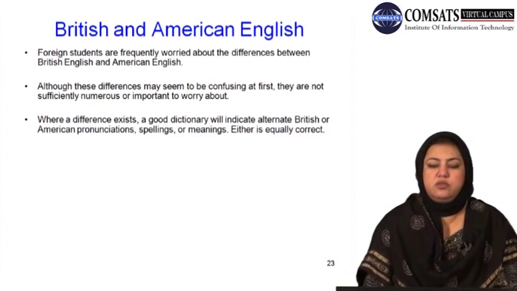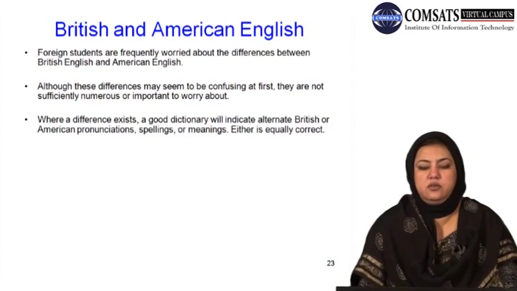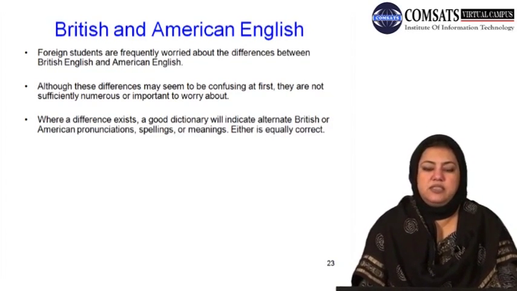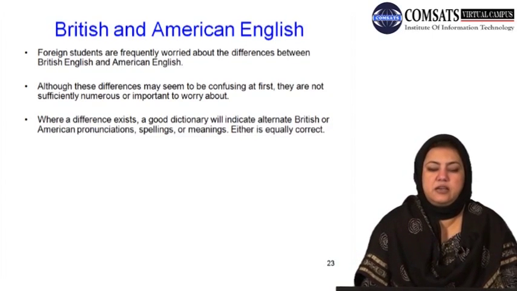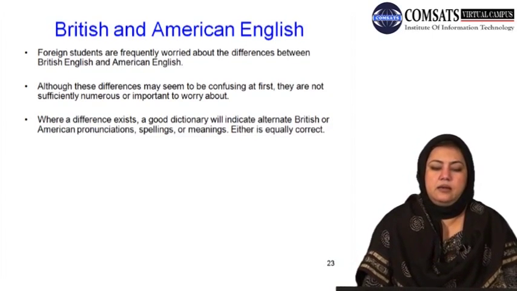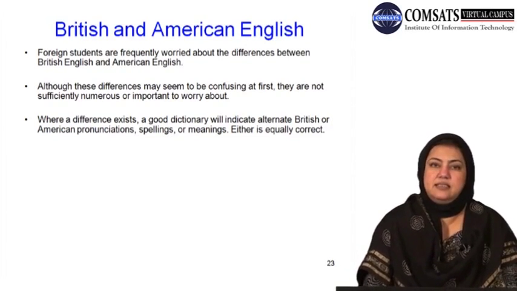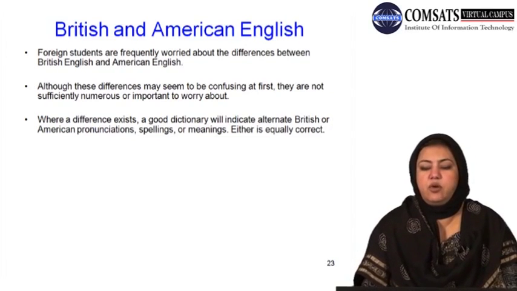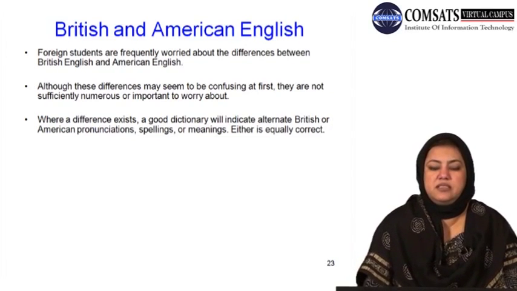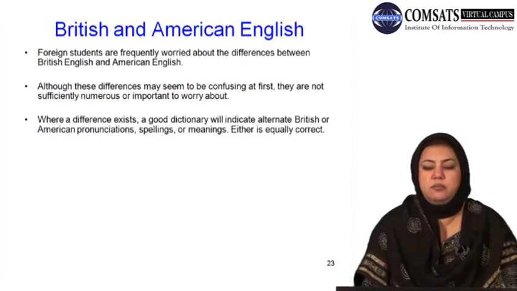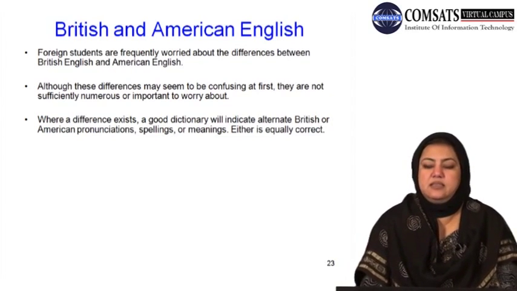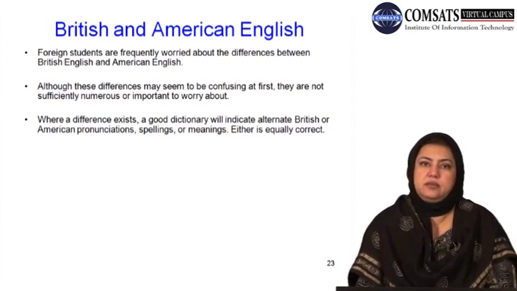However, when it comes to the use of a dictionary in this regard, don't be panicked, don't get confused. The number of these differences is not that big, and it is not as important to worry about. Where a difference exists, a good dictionary will indicate alternate British or American pronunciations, spellings or meanings. Either is equally correct anyways.